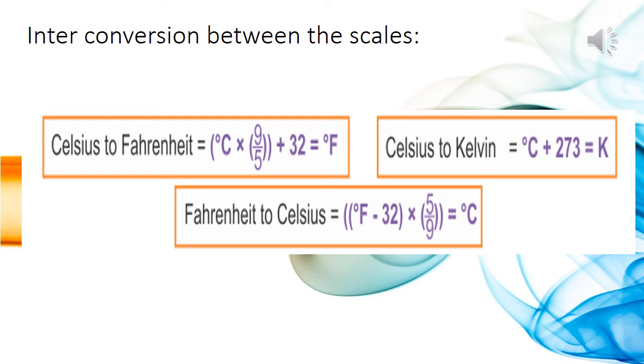So just go through the formulas, and with the help of these formulas you can solve the numerical problems based on temperature scales, which will be covered in the classes.